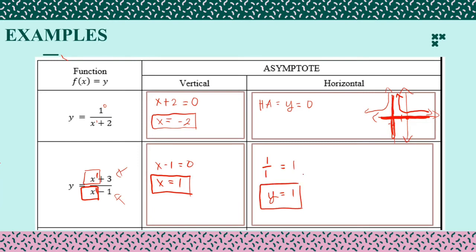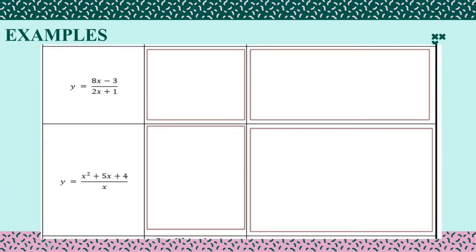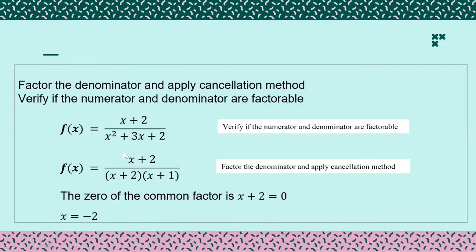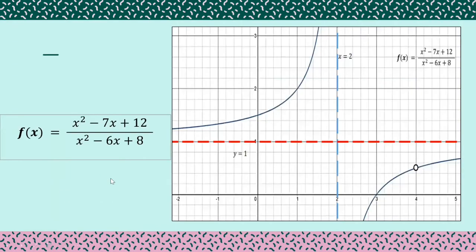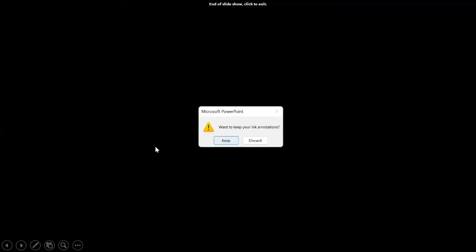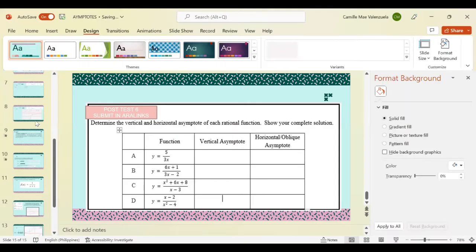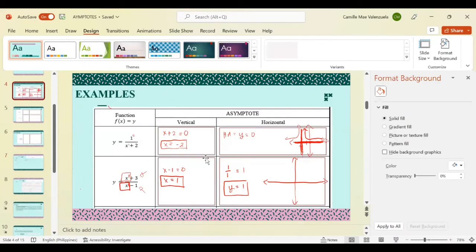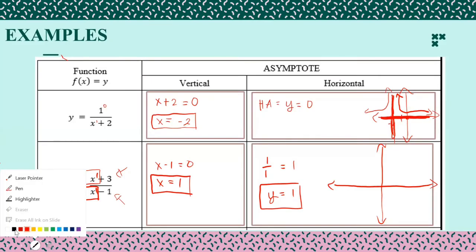So let's graph the asymptotes in our Cartesian plane. Let's say this is your Cartesian plane, your x and y, positive and negative. So let's say our vertical asymptote is this one.